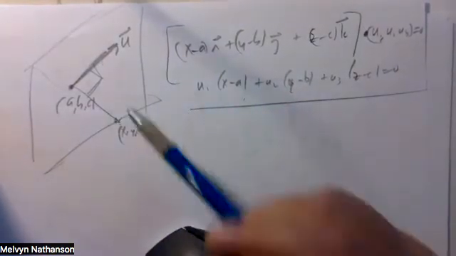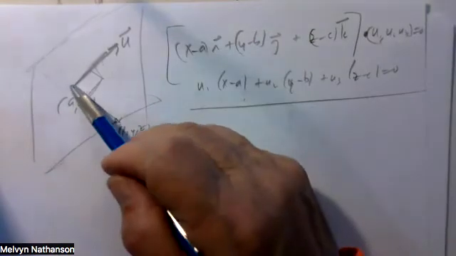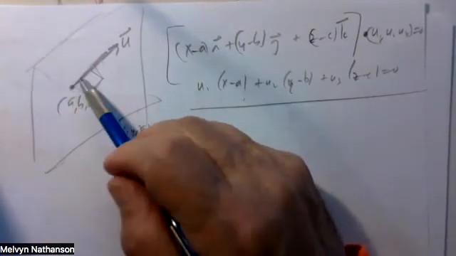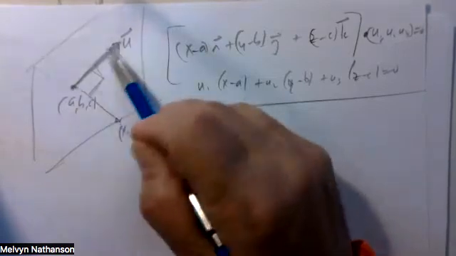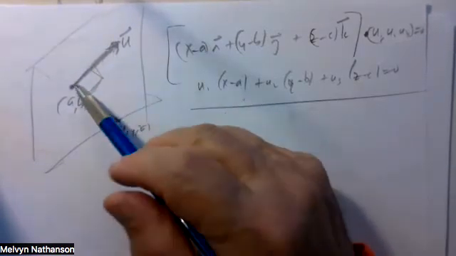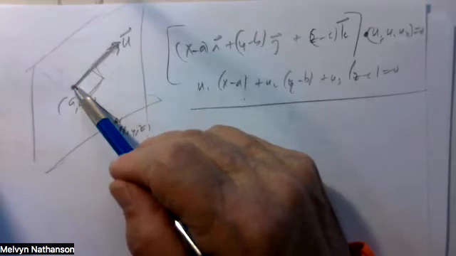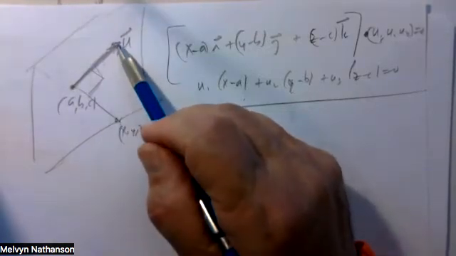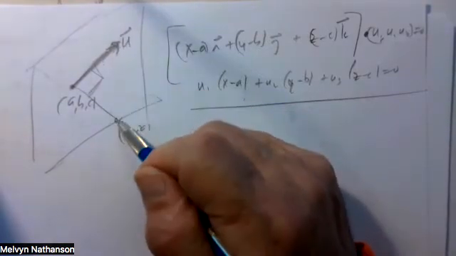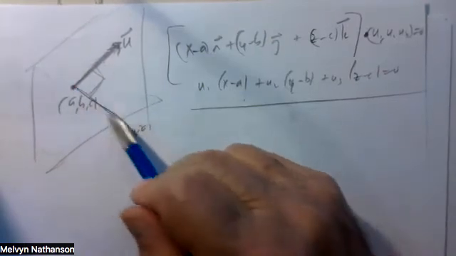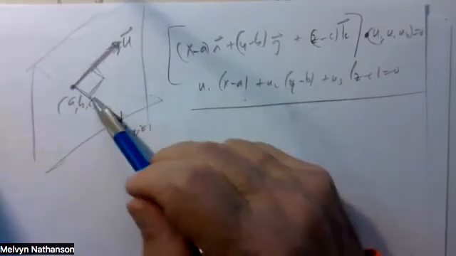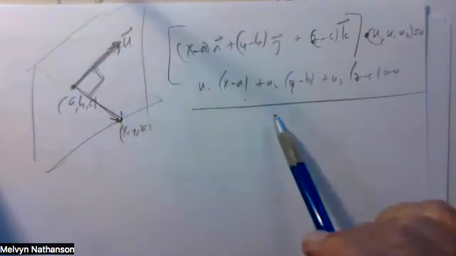So what I'm saying is, if you take a point in the plane, (a, b, c), and a vector whose tail is at that point, say a vector u, we want to find the plane through this point with normal vector u, perpendicular to u. So point (x, y, z) lies in that plane if the vector from (a, b, c) to (x, y, z) is perpendicular to u.